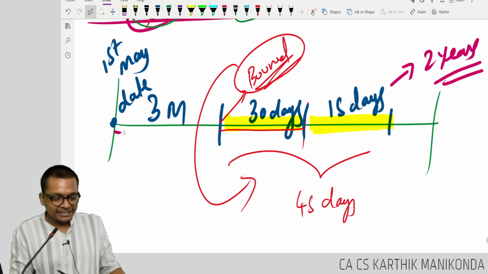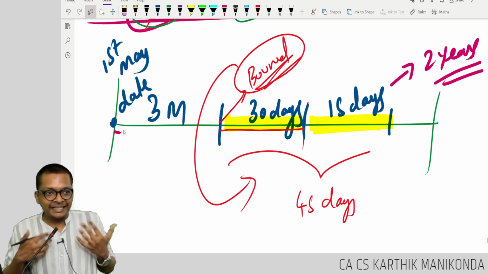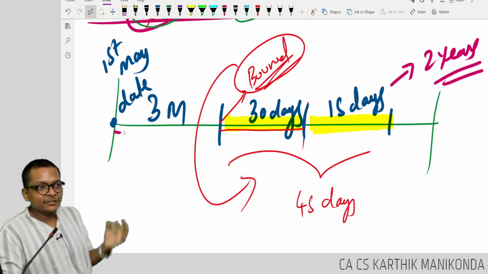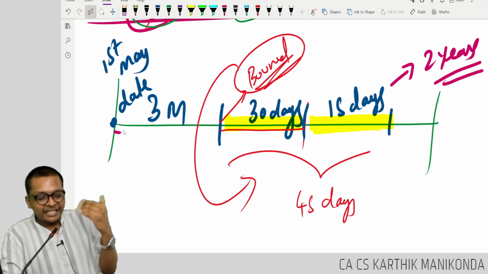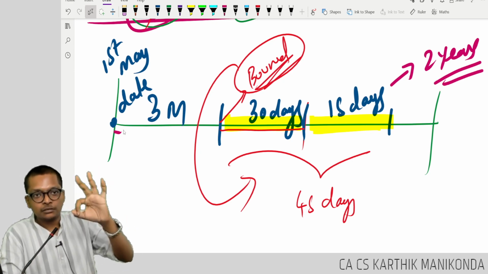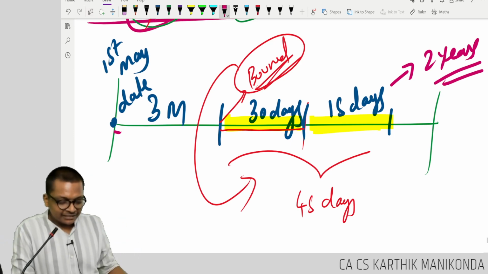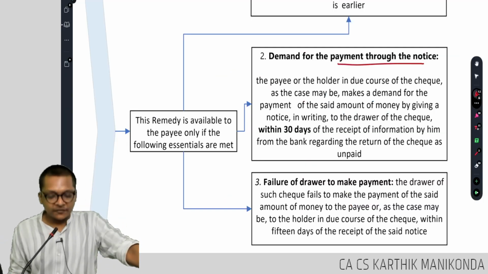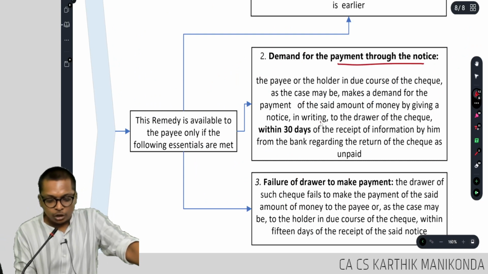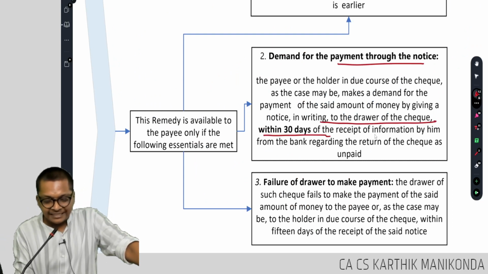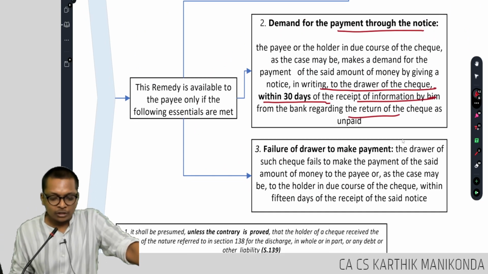So what you should remember, guys, once you get a check anytime in life or even for the exam, remember: deposit within 3 months. If the check bounces, send a notice within 30 days. After he gets the notice, he has to pay within 15 days. Look at this. The drawer of the check, within 30 days I have to send a notice.